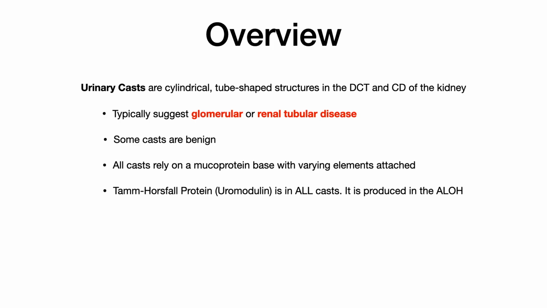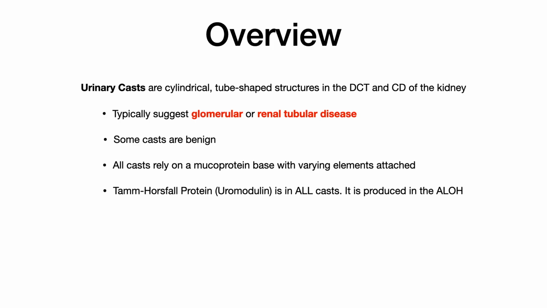This is present in all casts, and this can be a little confusing for medical students because some of you only associate that with one type of cast, but truly the base of all of these urinary casts is uromodulin or Tamm-Horsfall protein, and this is produced in the ascending loop of Henle.